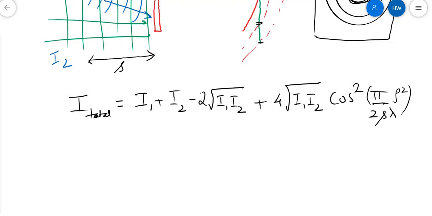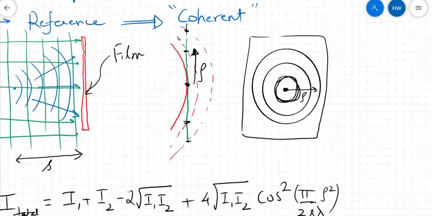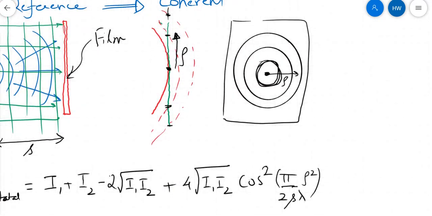So what we have is basically cosine square of alpha times rho square. That's the kind of functional dependence that you have on the screen. So you have these circular fringes, and as rho increases, they of course get closer and closer.